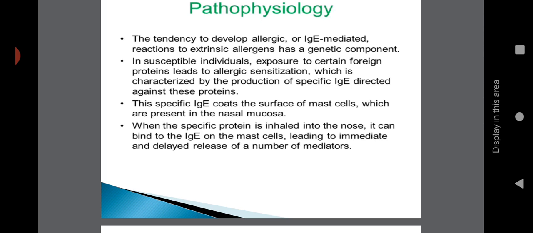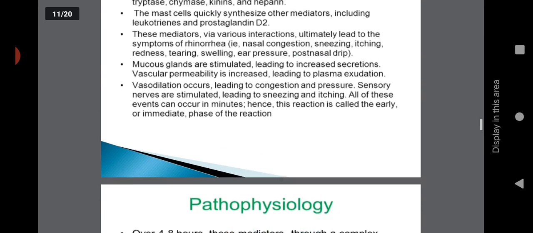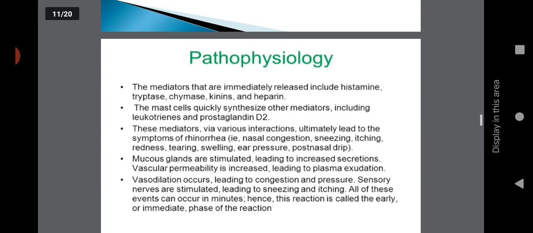So once a foreign body enters the nose, it binds with the mast cell, leading to immediate and delayed release of a number of mediators, so there will be a chemical mediator release. The mediators that are immediately released include histamine, tryptase, kinins, and heparin. These are the chemical mediators.